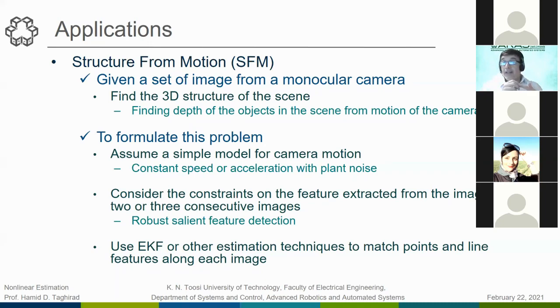Maybe after the Kalman filter, one thing which is very interesting is the unscented Kalman filter. The unscented Kalman filter is particularly designed for nonlinear systems, and I suggest you read more about it. It works quite naturally like the extended Kalman filter, but it is mostly used for nonlinear systems.